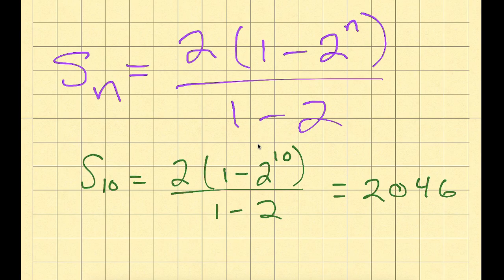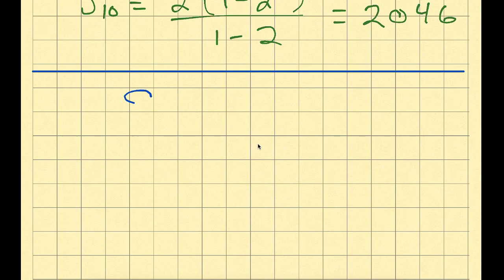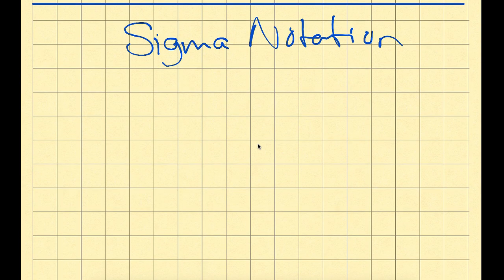Okay, the last thing we're going to talk about, and I don't know if we'll do an example, is sigma notation. For sigma notation, here's what you need to know. You have this big sigma letter, which is a Greek letter, but it stands for summation.